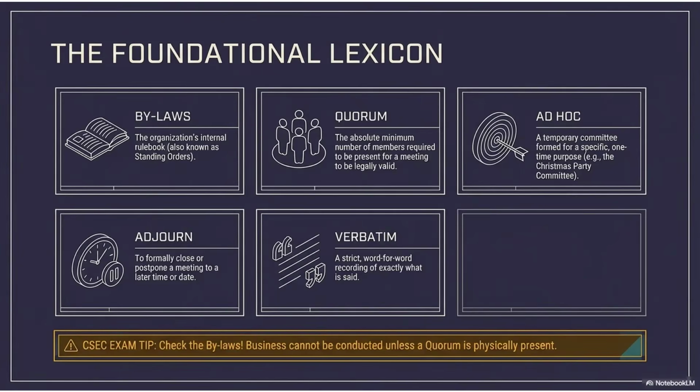And ad hoc is something temporary that is formed for a specific purpose. So let's say there's an emergency meeting, or you need a committee to handle something or plan for something, so you create the committee. When we hear the word adjourn, that means the meeting is ended or postponed.